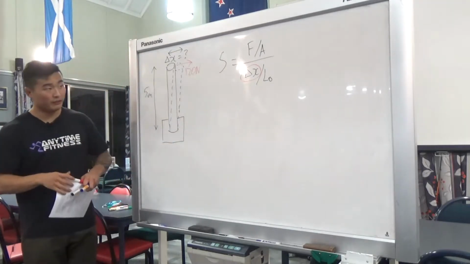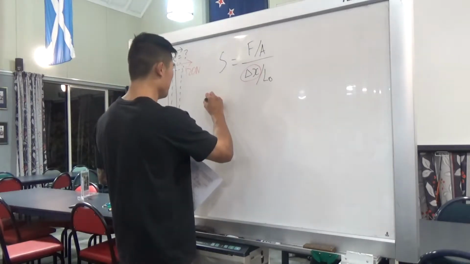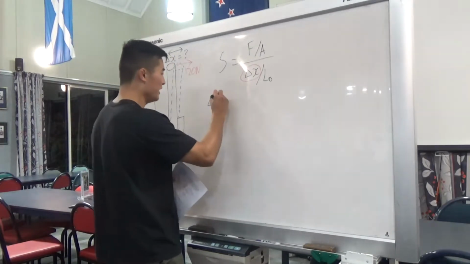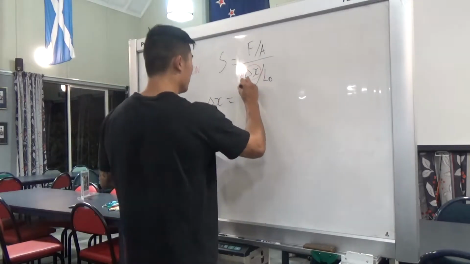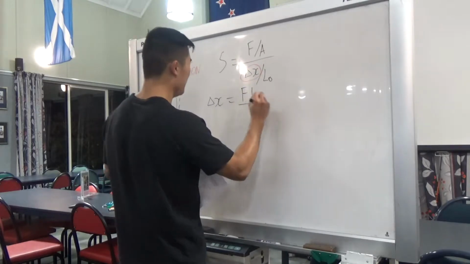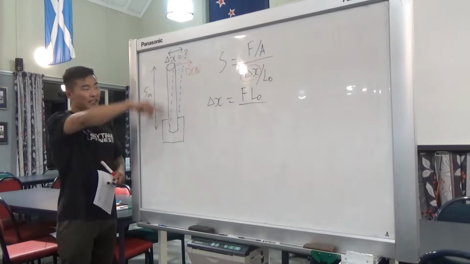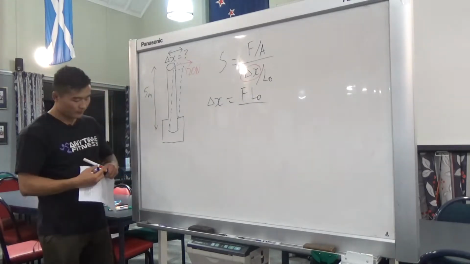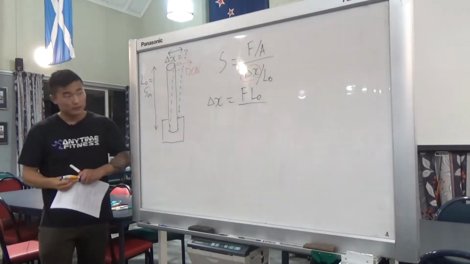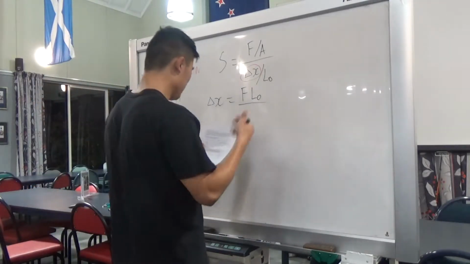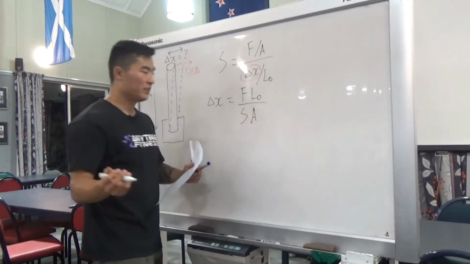We're going to rearrange this equation, and because it's a hard one to rearrange, I won't go through it. I'll just give you the final rearrangement, which is delta x is equal to the force multiplied by the original length. So here, the original length is going to be the length of the pole. So this is L0, okay? And that's over the shear modulus multiplied by the cross-sectional area.